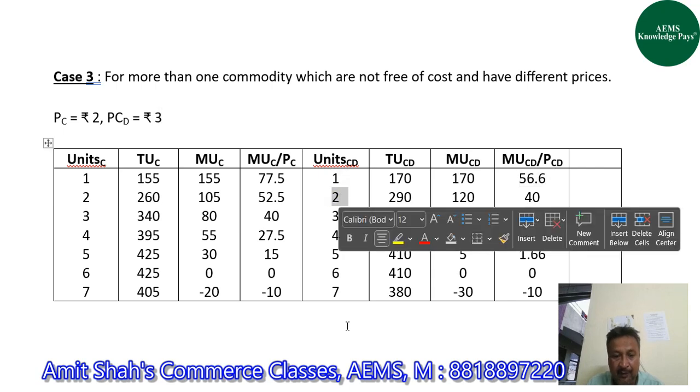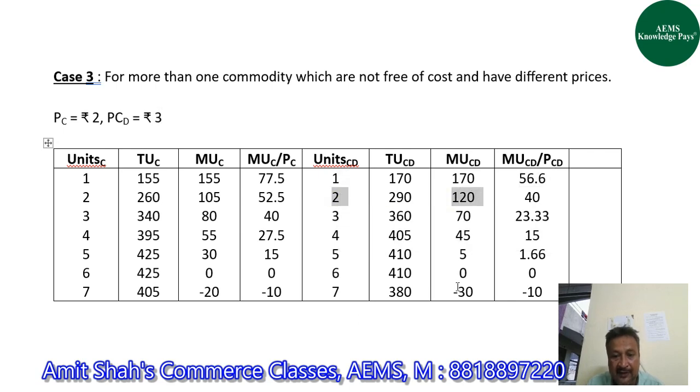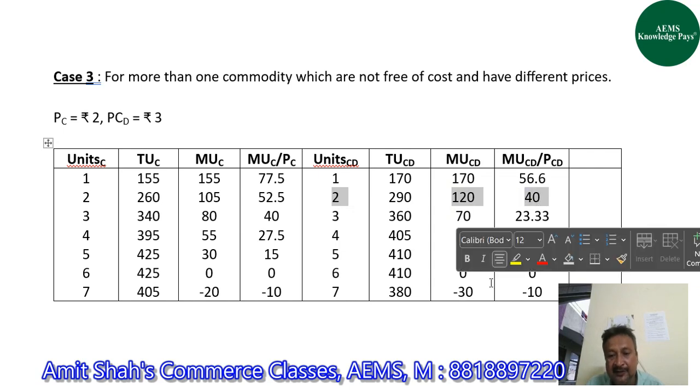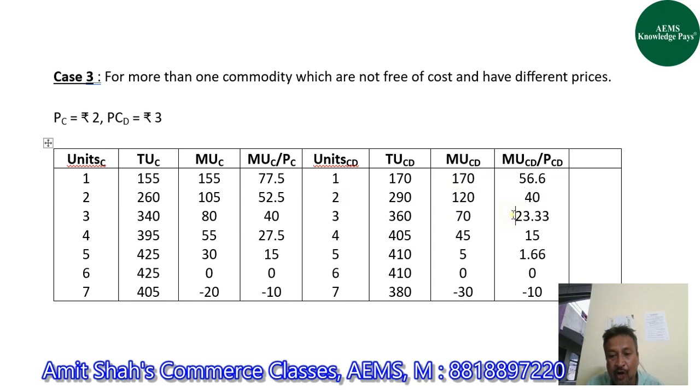Again he spent rupees 3 and got 120 utiles, so from each rupee he got 120 divided by 3, that is 40 utiles, and so on. So by spending rupee 1, how much he is getting in terms of utiles, we have calculated for chips and for cold drink.